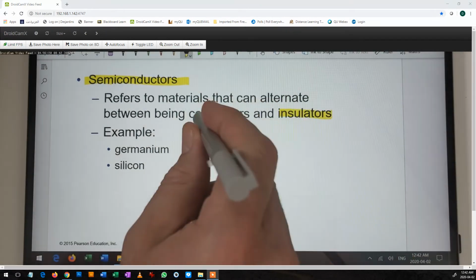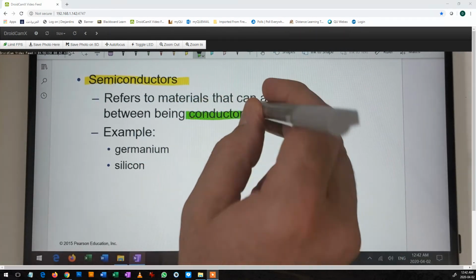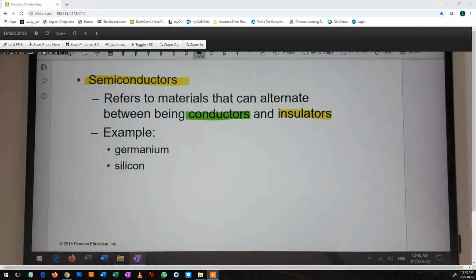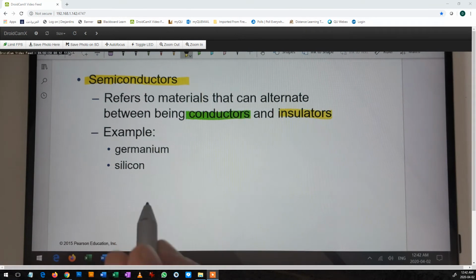We add impurity to the semiconductor, it becomes partially conducting. Example, germanium, silicon. However, most of the semiconductors used in industries are made out of silicon.